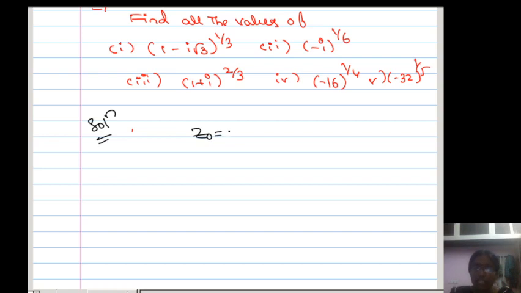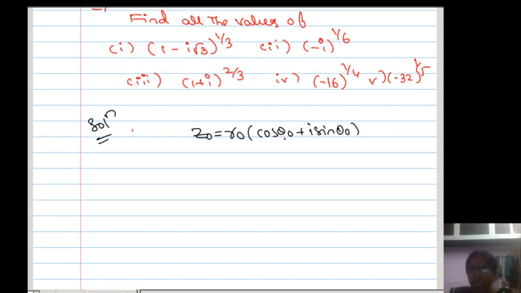First I write it in polar form, that is r naught (cos theta naught plus i sin theta naught). Here r naught is the modulus of the complex number z naught, and theta naught is the amplitude or argument, the angle made by that line with the positive x-axis in the anti-clockwise direction, called the principal argument.